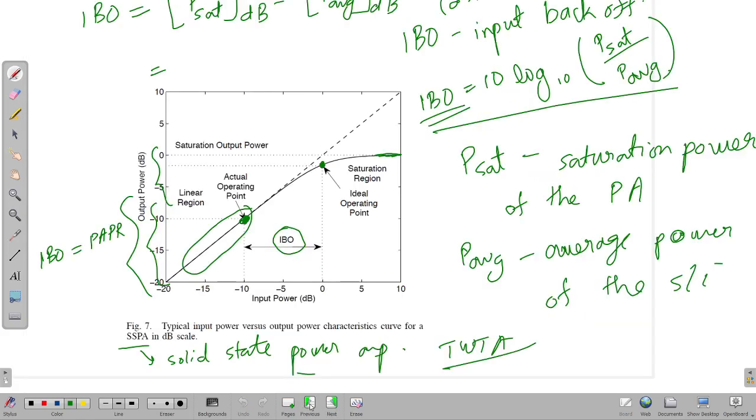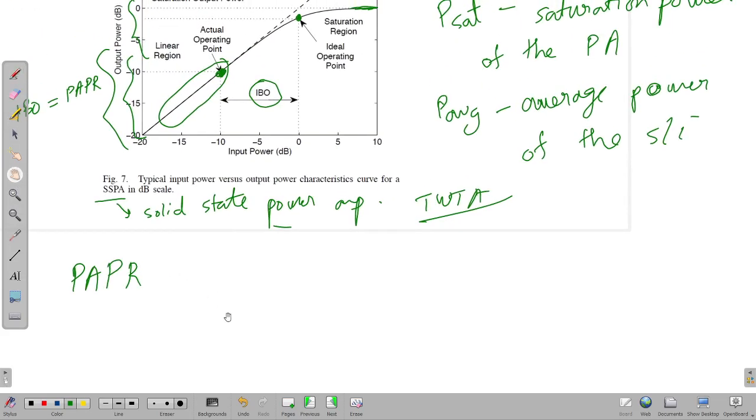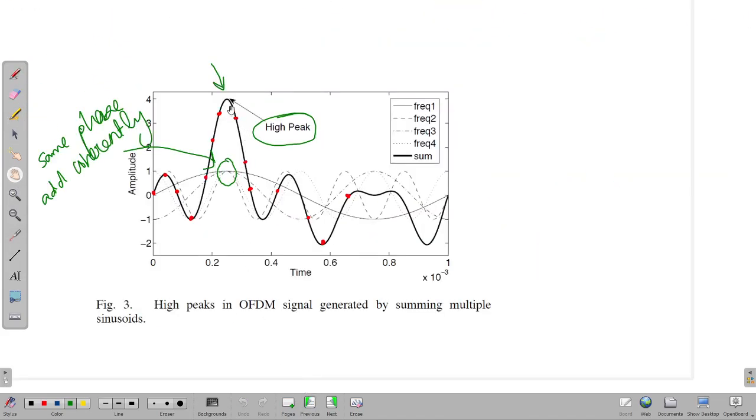For that, let me write down the expression for PAPR, the peak to average power ratio. There are peaks happening here like this.